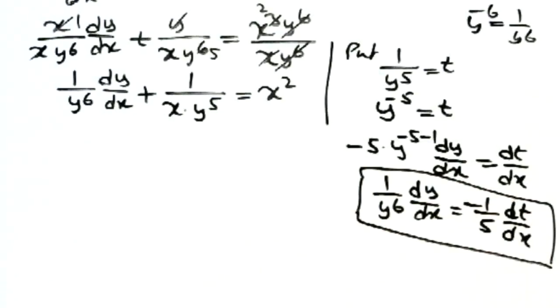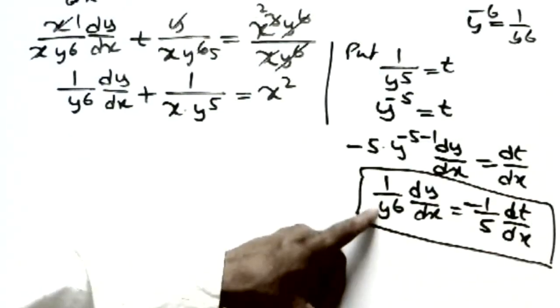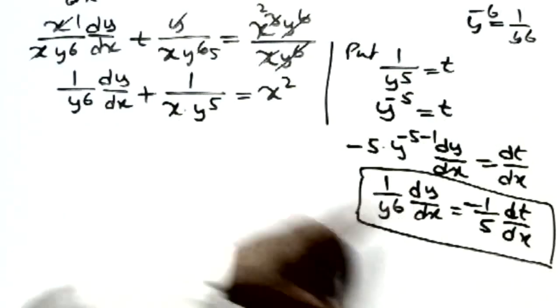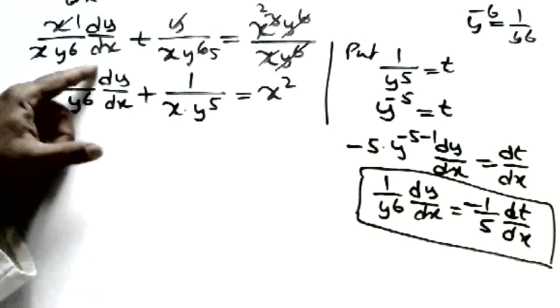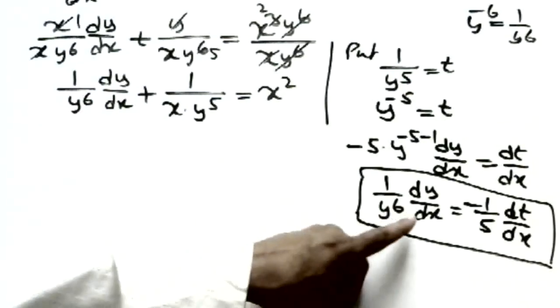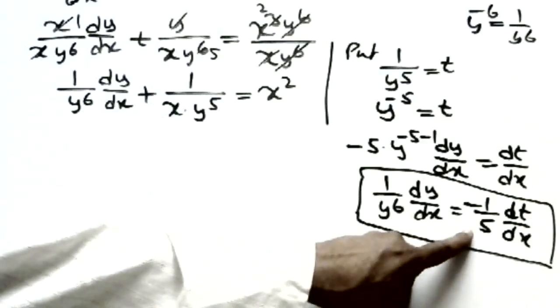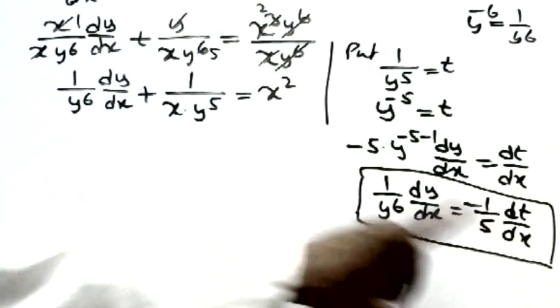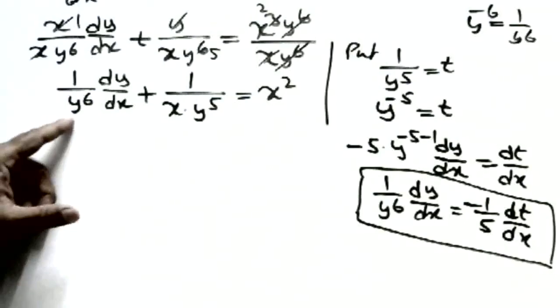Now see here, the question will get changed now. So watch carefully. 1 by y power 6 dy by dx, in its place we can write minus 1 by 5 dt by dx.